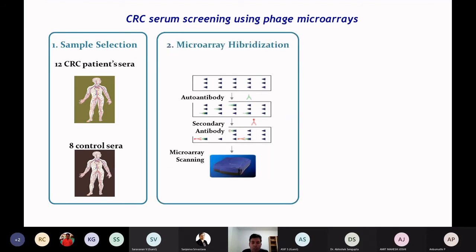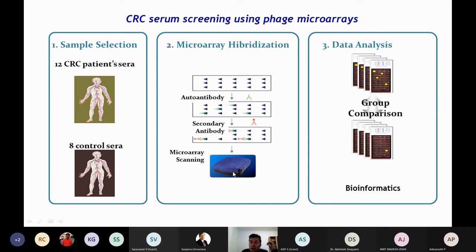How do we work for serum screening with phage microarrays? As with protein microarrays, we have two different cohorts of patients, controls and, in this case, colorectal cancer. We incubate each array separately with each sample, and after detection of the presence of the autoantibodies using a secondary anti-human IgG antibody, we can detect the autoantibodies and their target proteins with the microarray scanner.